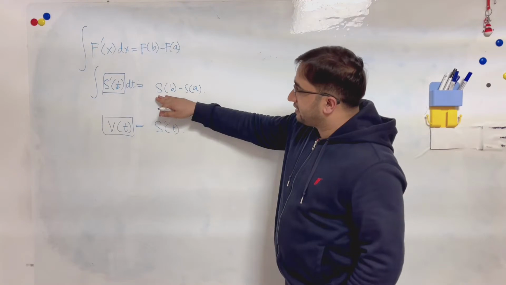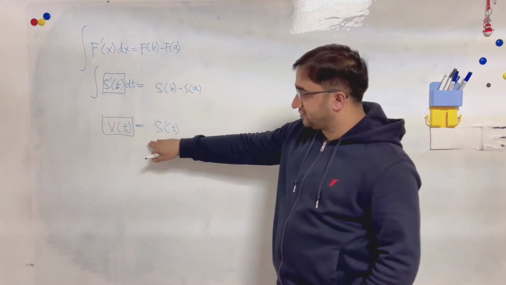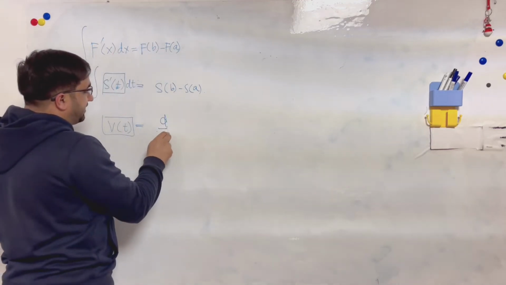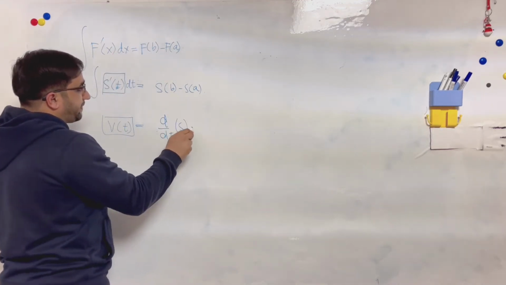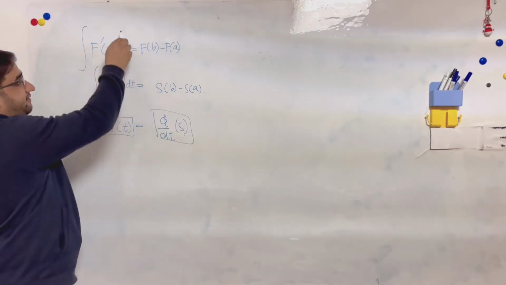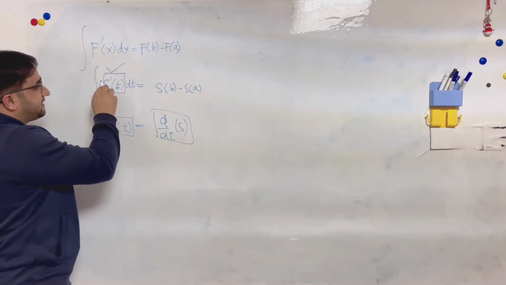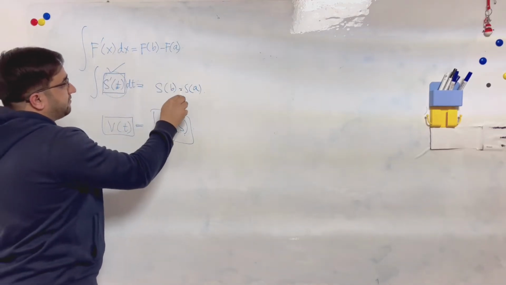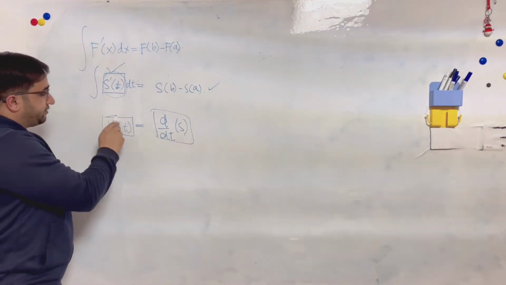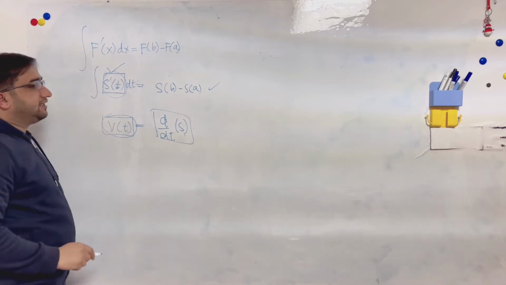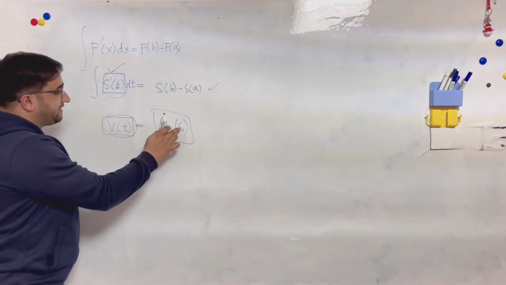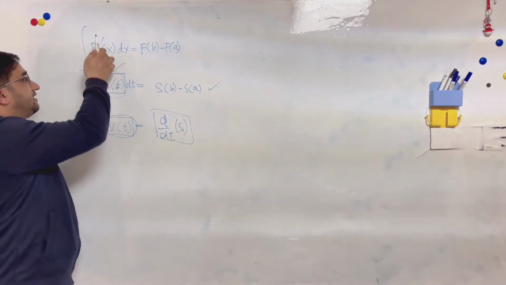You will be worried how to know the distance, but you know this formula, that velocity is d by dt of s. And when you put this here, the fundamental theorem of calculus says that the simple version of this at the point b minus a is your answer. So if you are given the velocity, you should not be worried about how to find the distance, because velocity is equal to the derivative of distance, and that is what you need here if you want to apply the fundamental theorem.